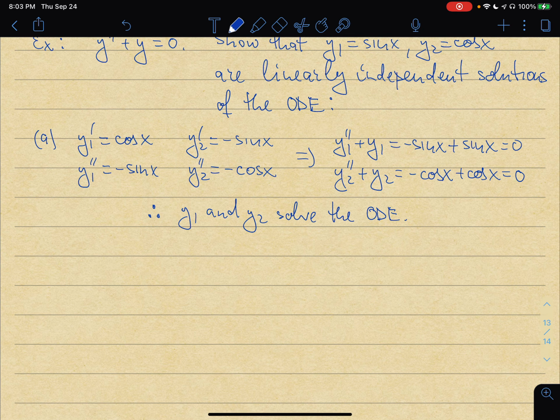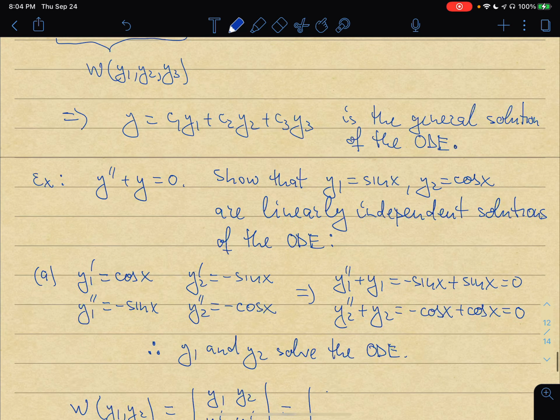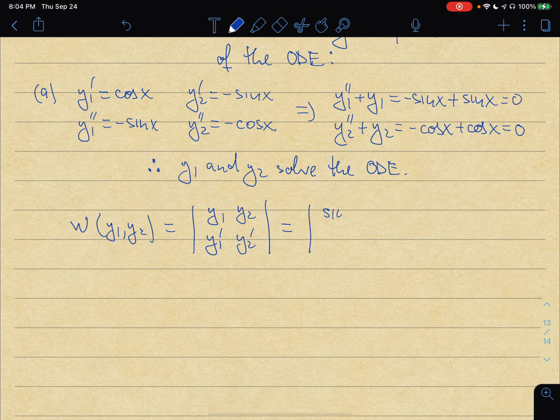So next I need to demonstrate that they're linearly independent. So W of y1, y2 is going to be what? It's y1, y2, y1 prime, y2 prime. In this case, y1 is sine x, y2 is cosine x. Then y1 prime is cosine x, and y2 prime, the derivative of cosine, is minus sine x.